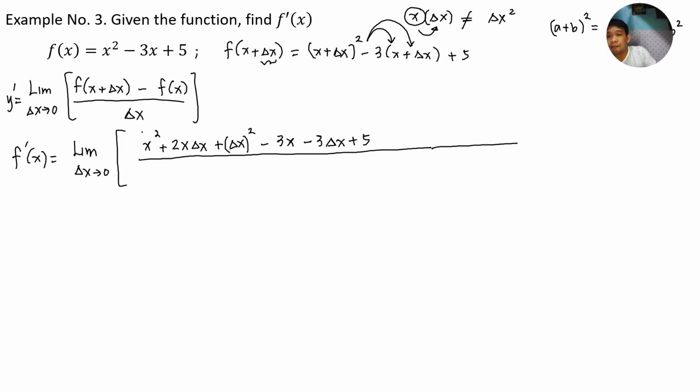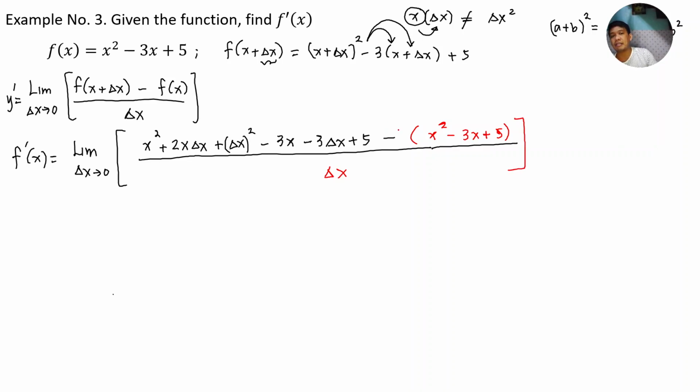That is just your f of x plus delta x. Then we subtract our f of x, so subtracting f of x, that's x squared minus 3x plus 5 all over delta x.